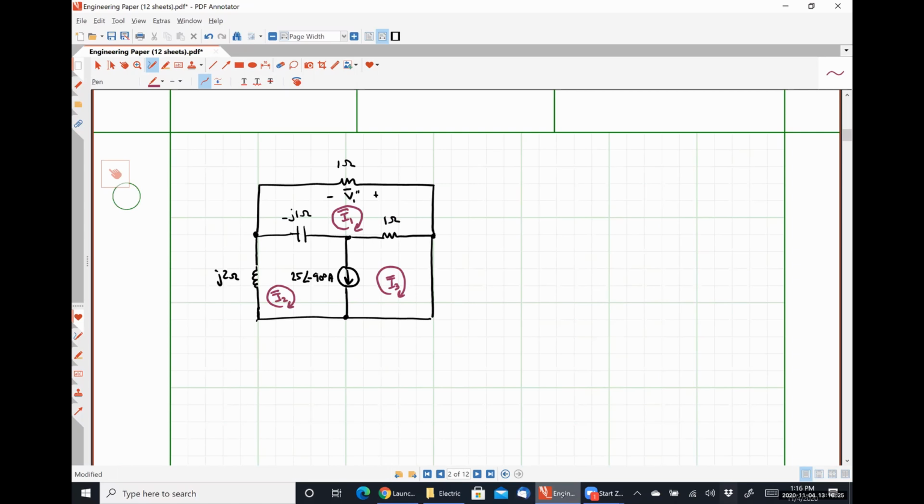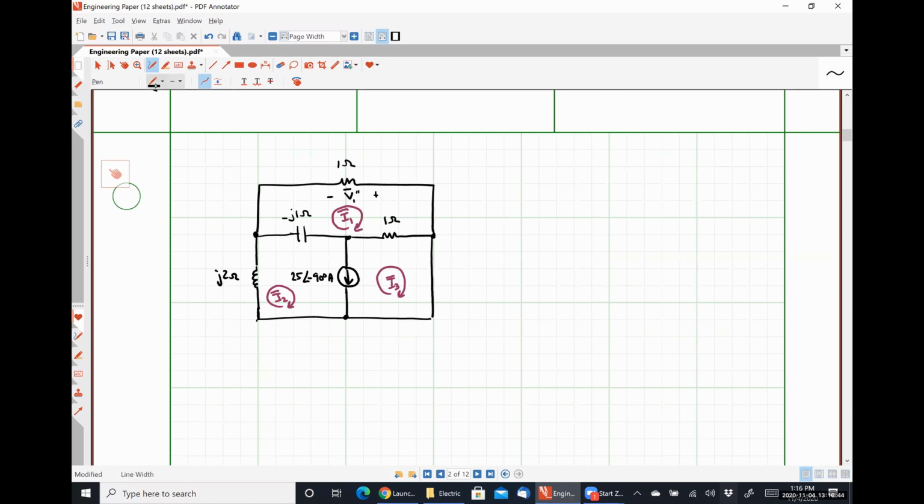All right, so we have an interior current source, right? So the current source is not on the perimeter of the circuit, it's on the inside of the circuit. So what does that mean? I'm going to have to write a super mesh KVL equation, okay?